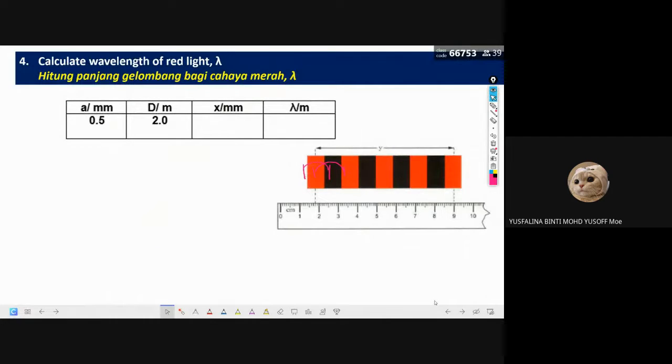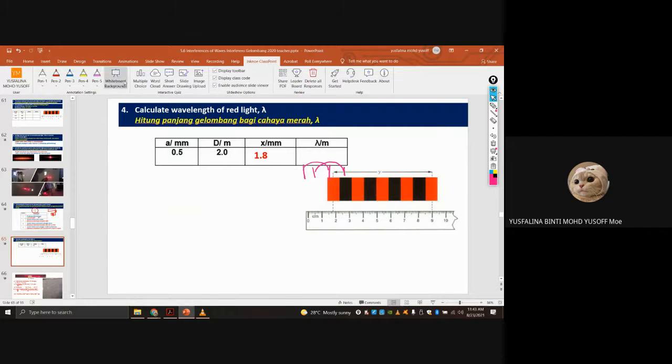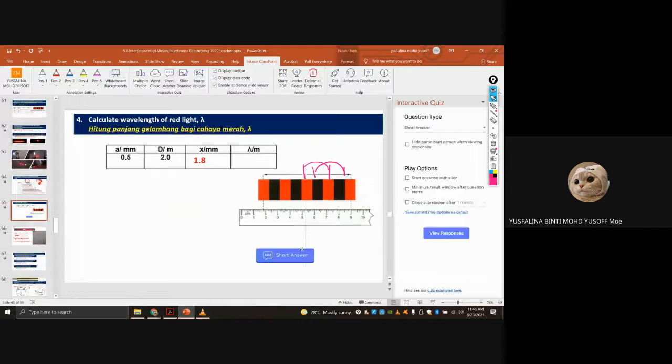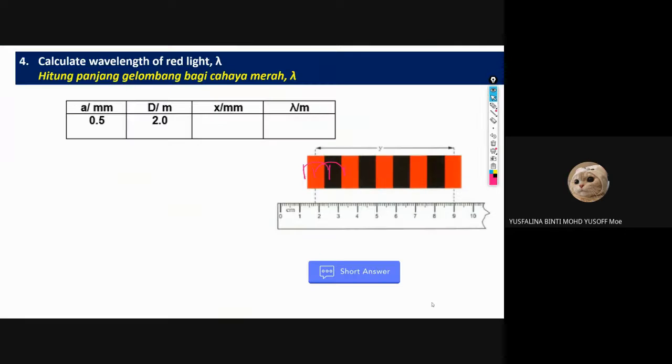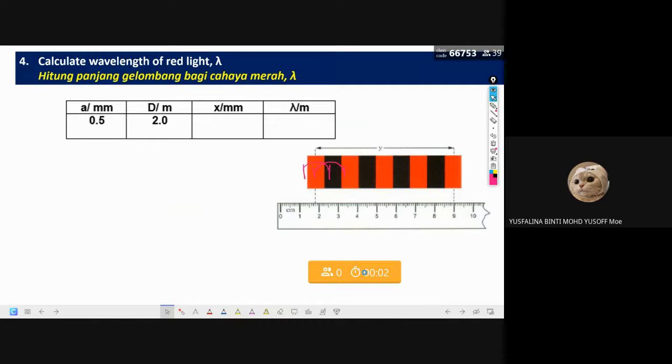For now, I want you to calculate the X and also the lambda. Try to answer this one.